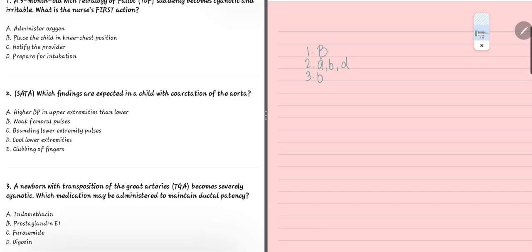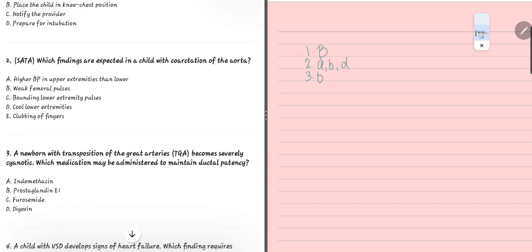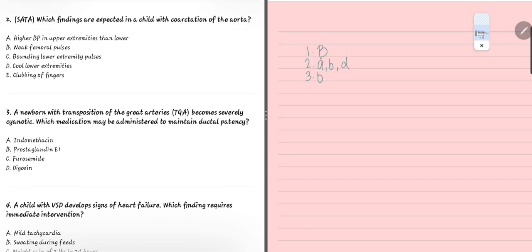You want it open because transposition of the great arteries just keeps pumping each side in a circle. So you want to keep the PDA open so that they're getting some oxygenated blood with the deoxygenated blood.